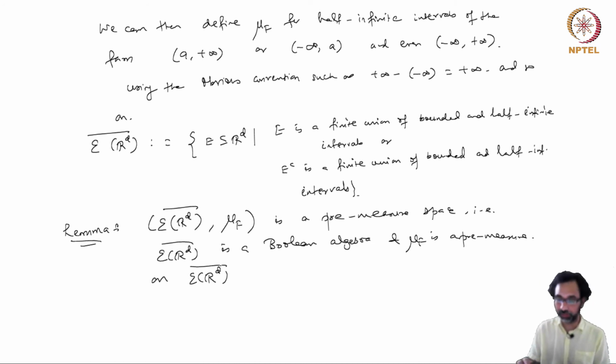So the difference between this one, so I should change the notation because this is not quite the elementary algebra as we have defined it. So let me write E prime throughout.